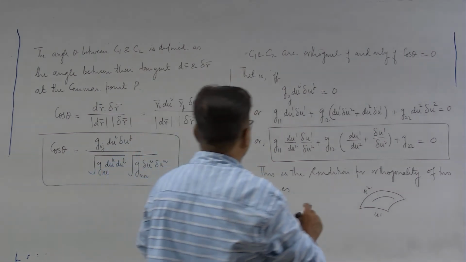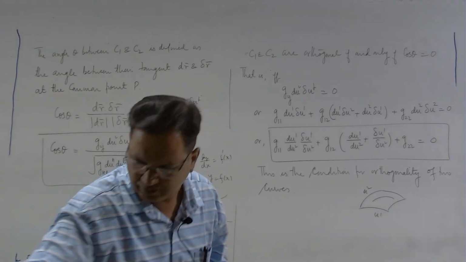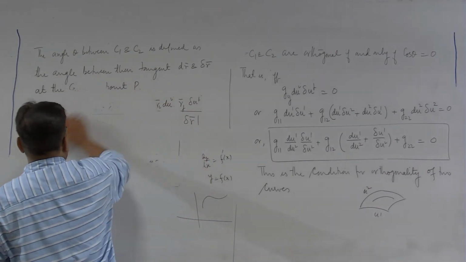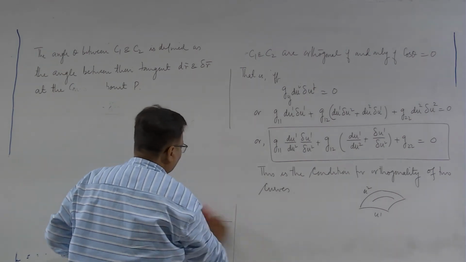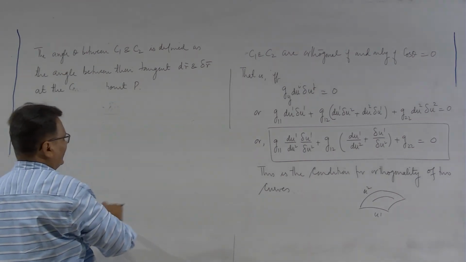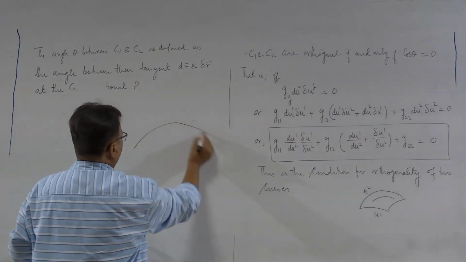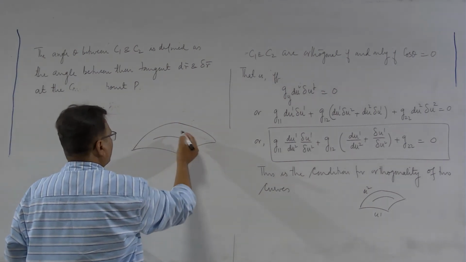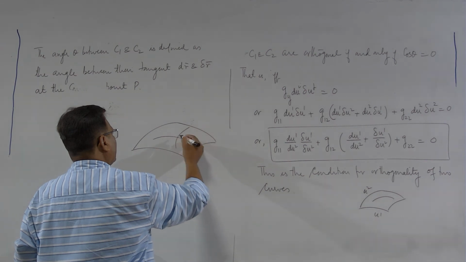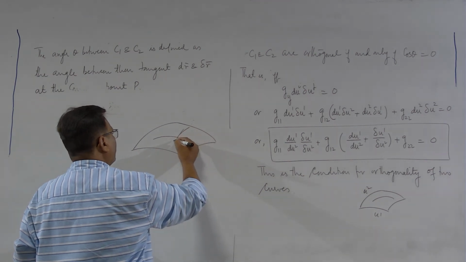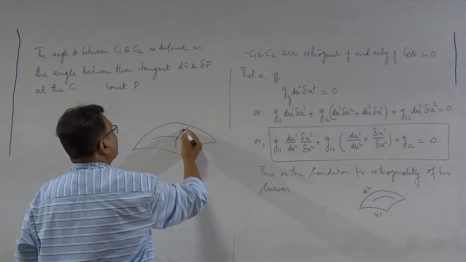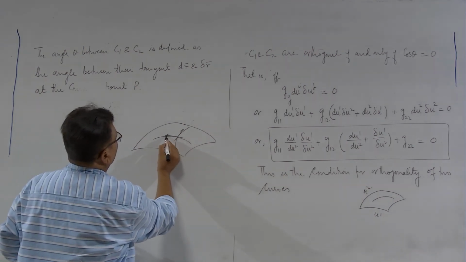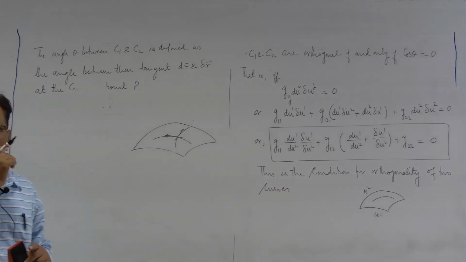The tangent vectors will be orthogonal to each other. That's all. If you just draw a surface, and suppose I have one curve here, and I can see by my naked eyes that the tangent vectors are perpendicular to each other, then the two curves will be orthogonal.